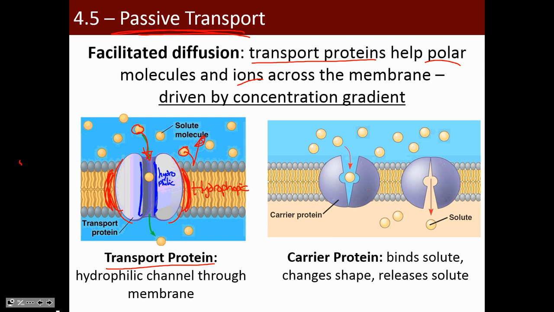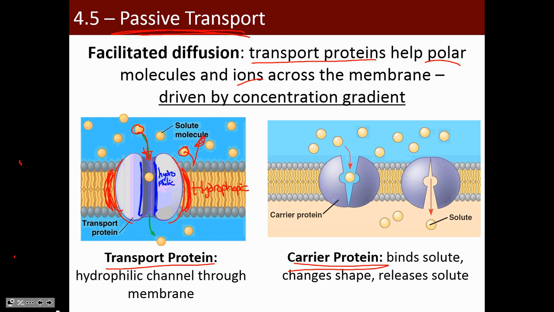It creates a channel. These are sometimes produced in the membrane or taken away from the membrane. Some of them can be opened or closed and have gates on them, but it's a channel that allows things to move through. A carrier protein actually involves a shape change, and it actually binds to the solute that it's moving through. So it's a little bit more complicated, but it's still a passive transport process.